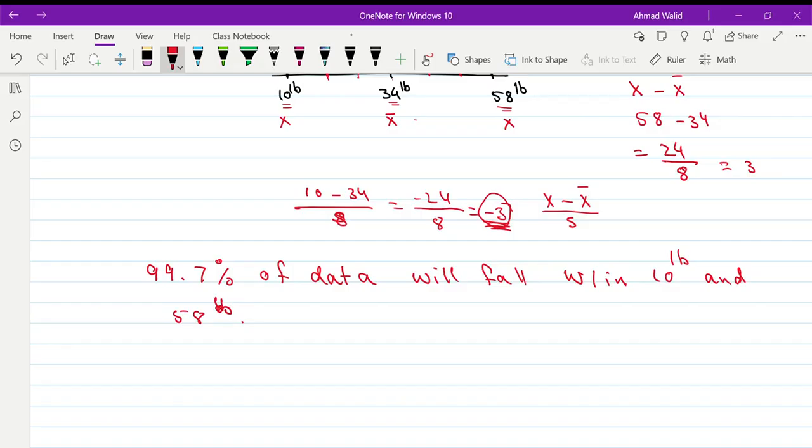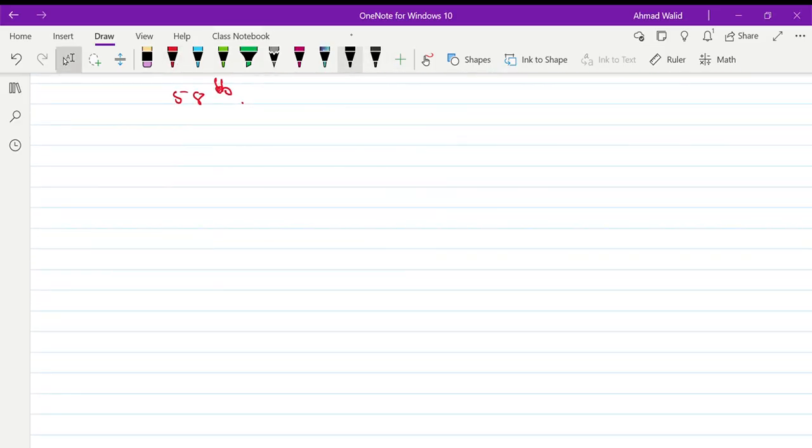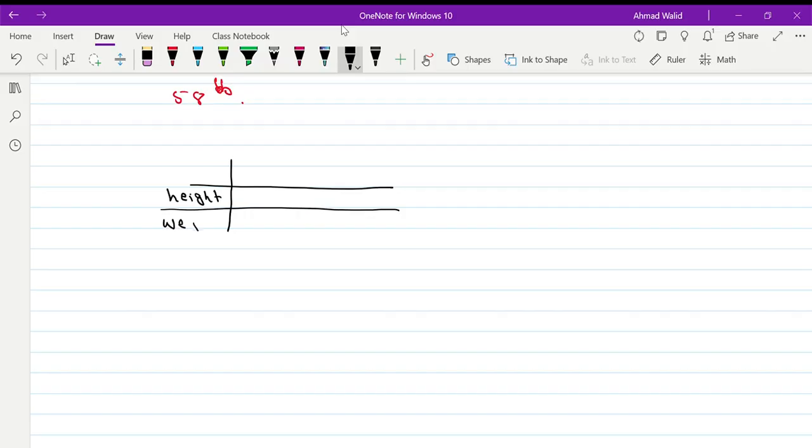Very easy example, correct? Last part of that lecture. Look, if I want to compare two different sets of data with each other. In the first example, we talked about height, right? In the second example, we talked about weight of the people, right?